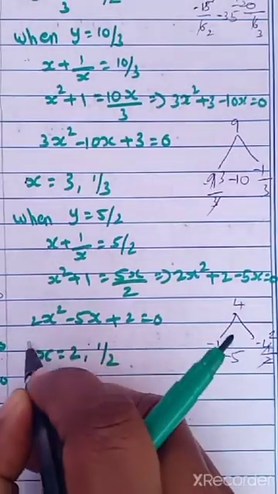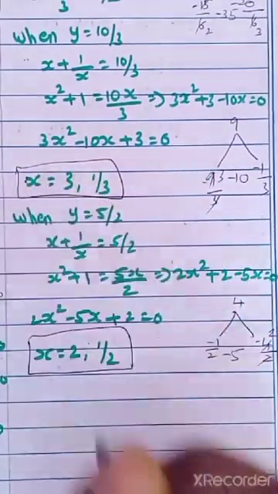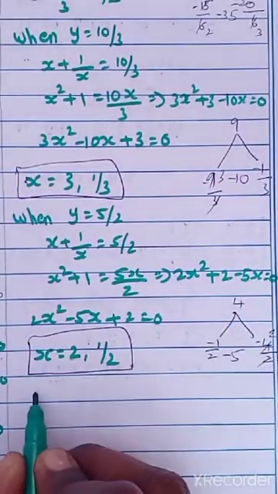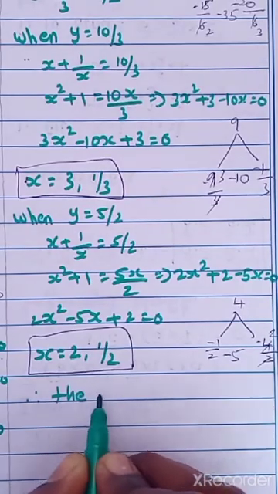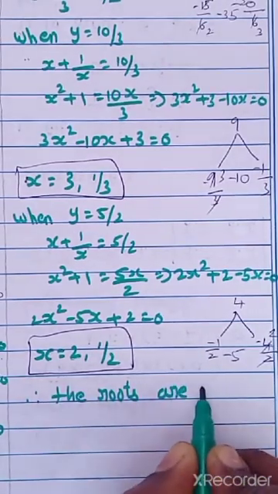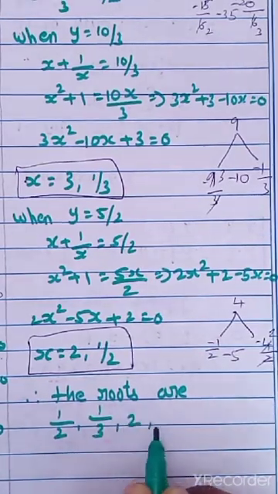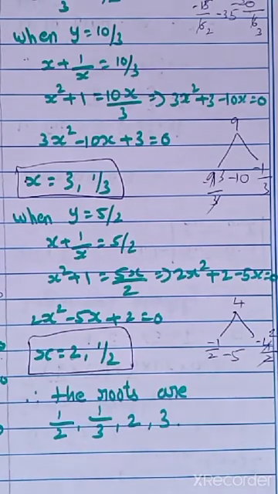So these are the 4 roots we want to find out, right? Therefore the roots are 1 by 2, 1 by 3, 2, 3.